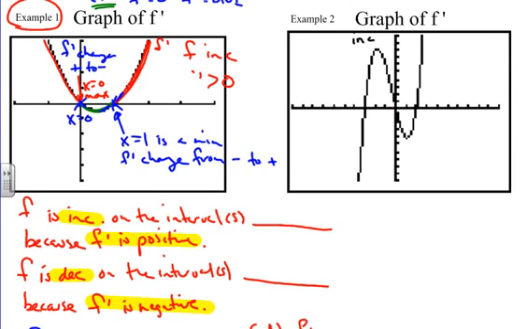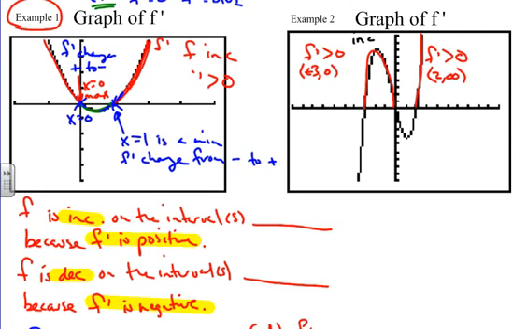It appears, I'm going to get a different color here, from here to here. So increasing, f prime is positive from negative 3 to 0. We can also see it's positive over here as well. What interval is that? That's from 2 to infinity.